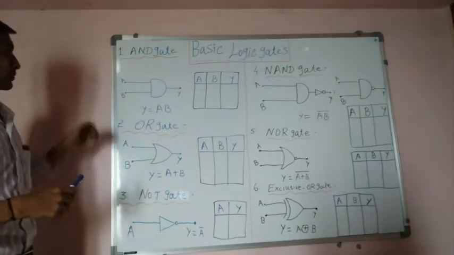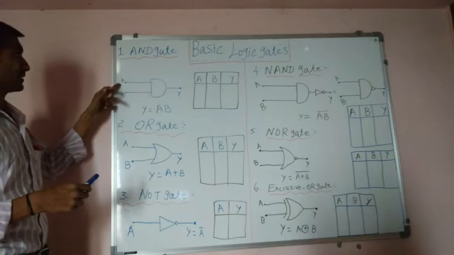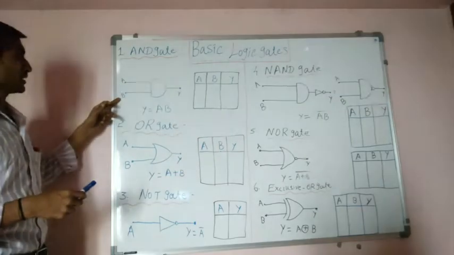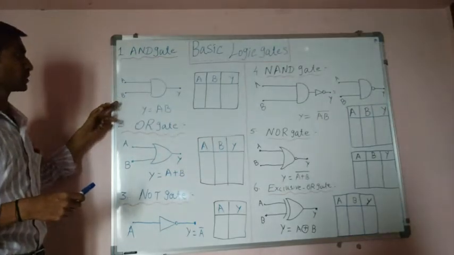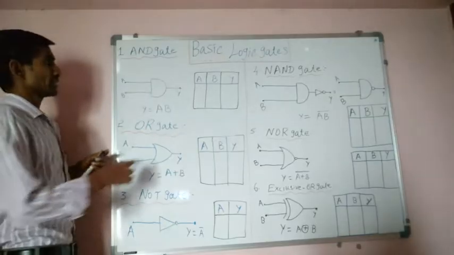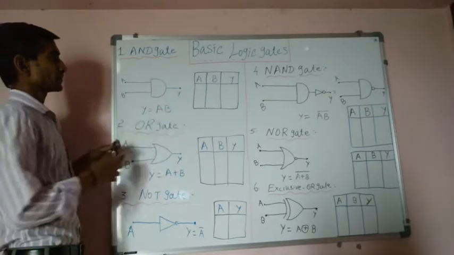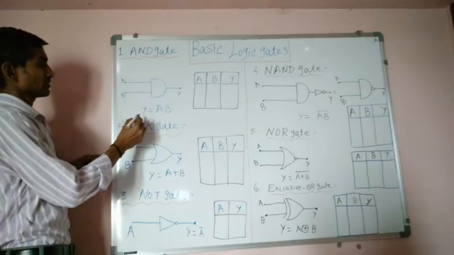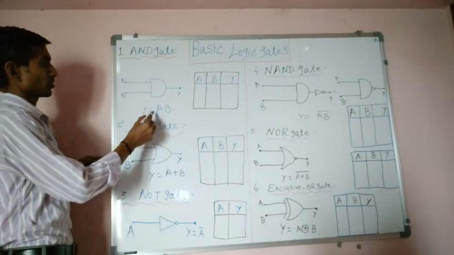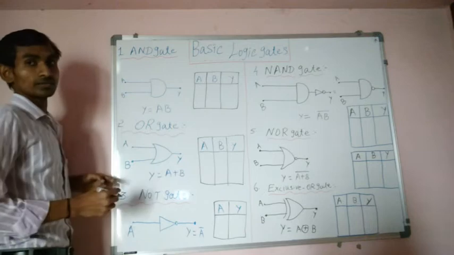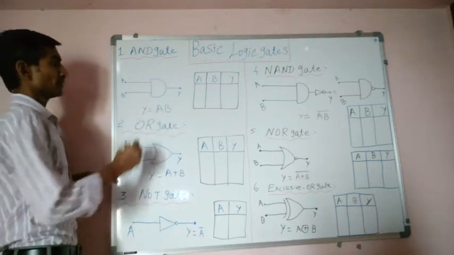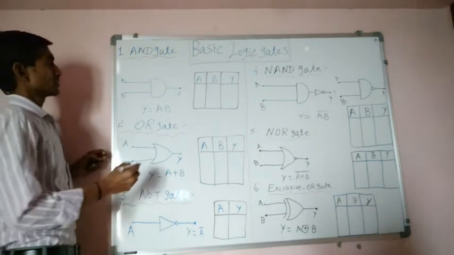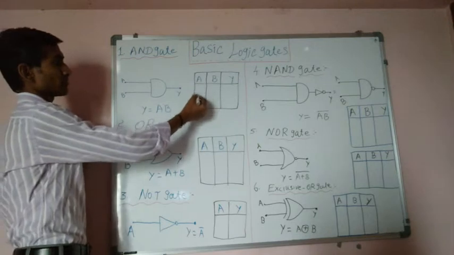There are two variables, A, one input, B, other input. We will get the final output Y. So the Boolean expression we are going to write is Y is equal to A dot B, A product of B. So what are the possibilities to write?